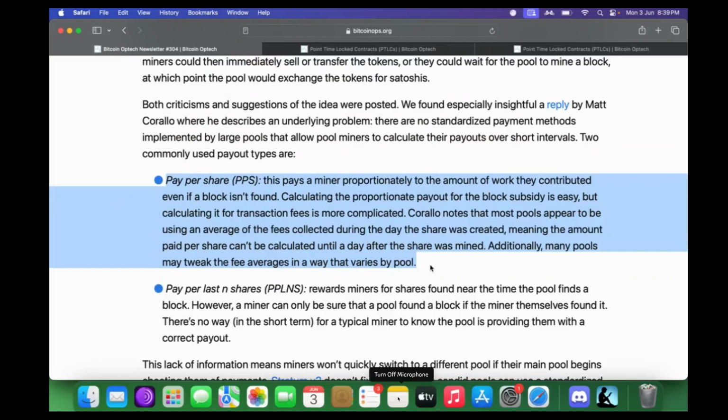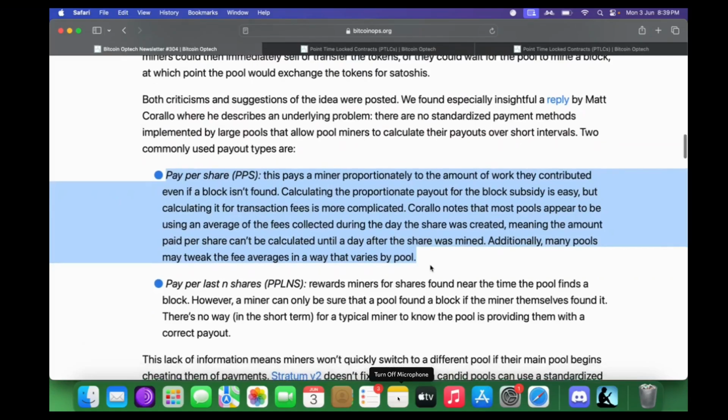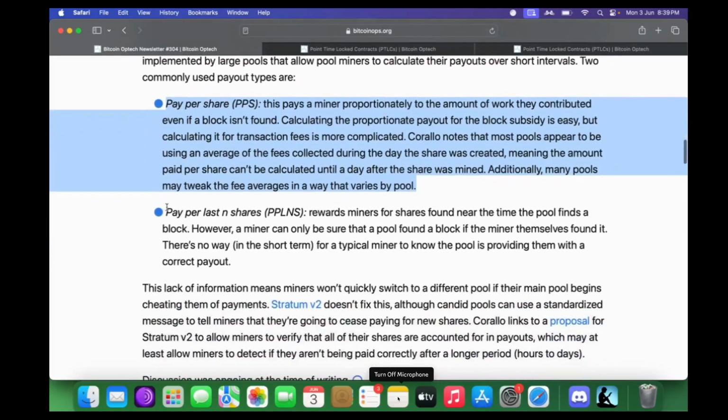Corallo notes that most pools appear to be using an average of the fees collected during the day the share was created, meaning the amounts paid per share can't be calculated until a day after the share was mined. Additionally, many pools may tweak the fee averages in a way that varies by pool.